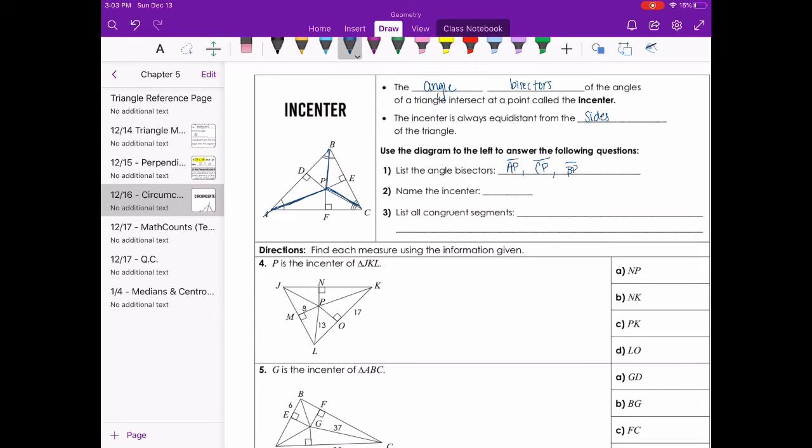The incenter would just be point P. And so all of my congruent statements then would be that if this was my angle bisector, then this would be congruent to this side. So line FC is congruent to line CE.